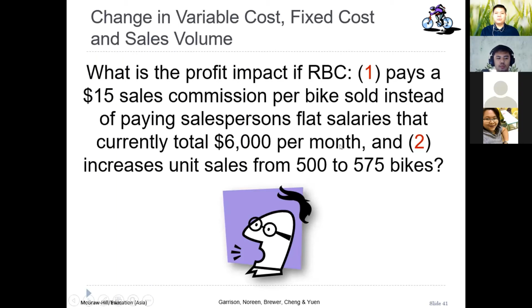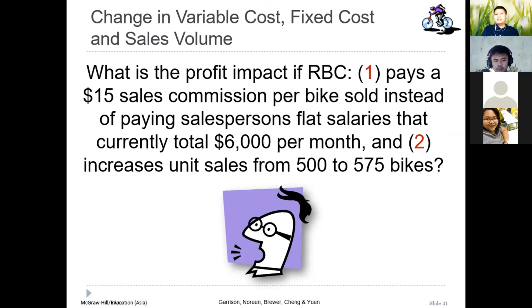And then number 2 increases unit sales from 500 to 575 bikes. O doon sa balance scorecard natin. Bakit nangyari yung ganun? Kasi na-motivate si salesperson to sell more. Kasi kapag fix ang salary niya, whether he sells whatever quantity, the salary is fixed.